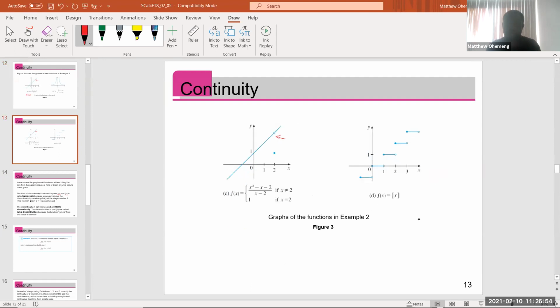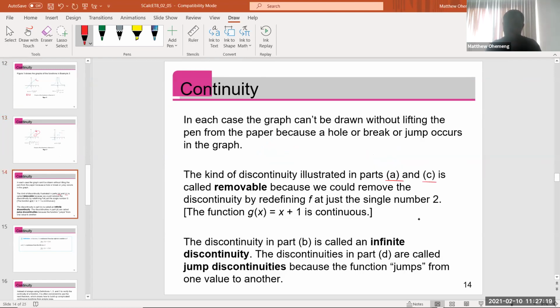What about C? If I push this point here, so if I define f of 2 to be, say, 3, which will be this point, then the function is now continuous. So it's removable because you can remove the discontinuity by just defining the function value at a single point. That is called a removable discontinuity.